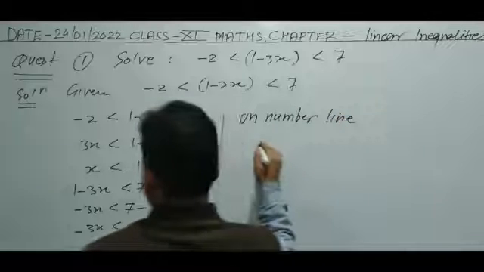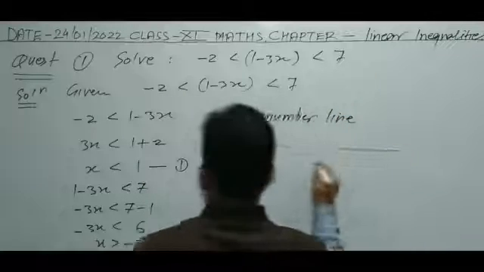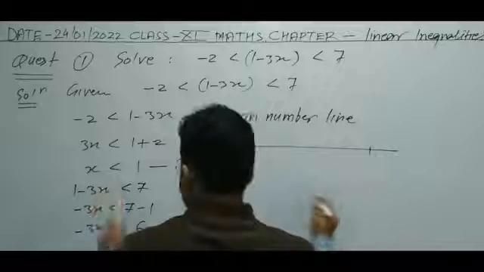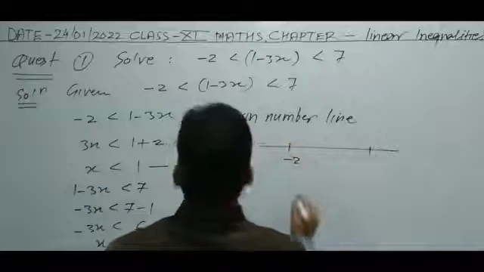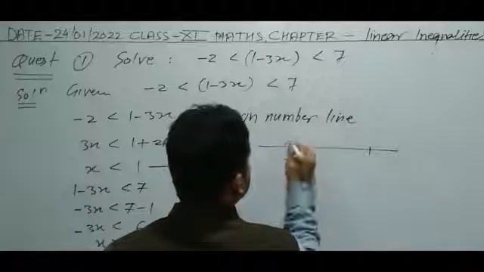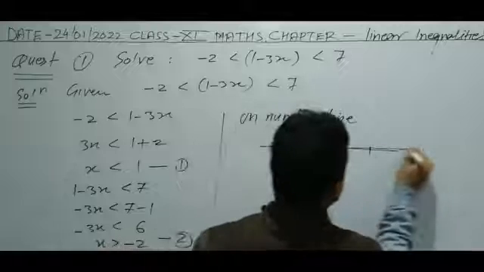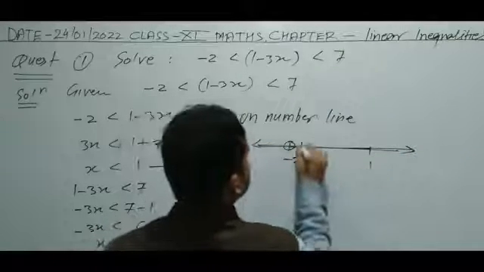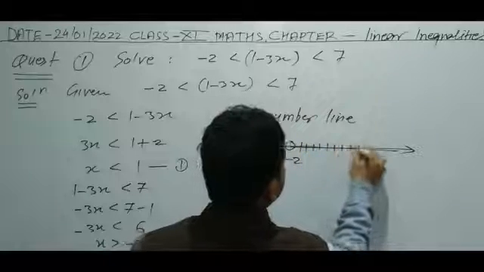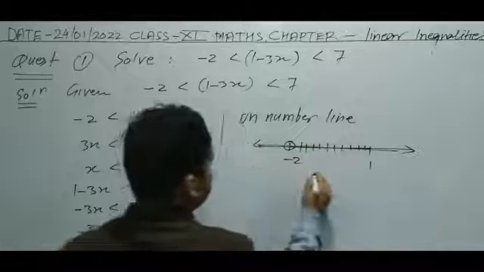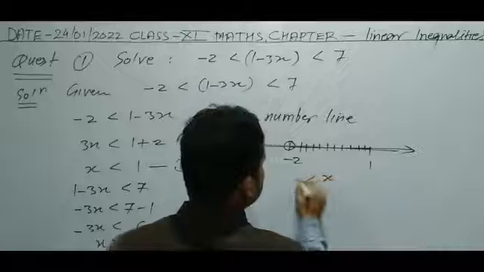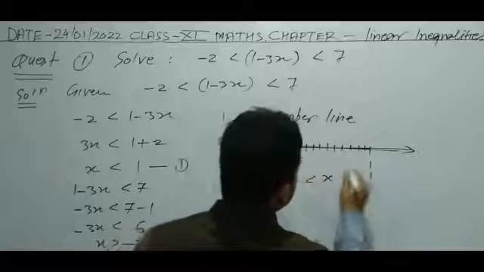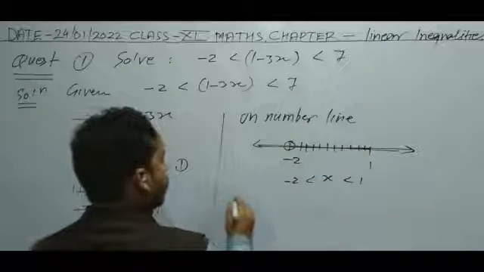On number line, this is 1 and this is minus 2. So greater than minus 2 and lesser than 1. So this is the reason. So x is greater than minus 2 and lesser than 1. This is the reason.